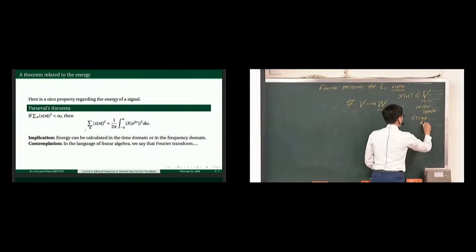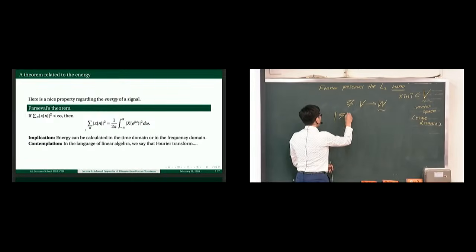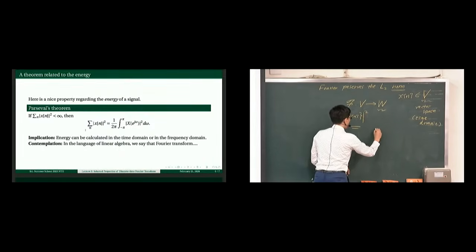The Fourier transform is a linear transformation that goes from time domain V to frequency domain W, right? But then, basically, you're saying that if you take the norm of your signal now, it basically equals to your norm.